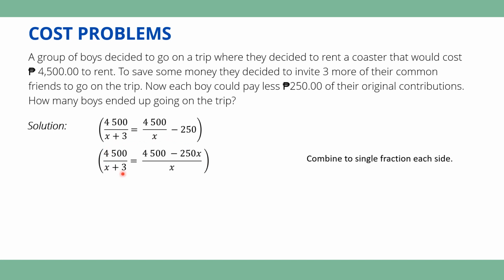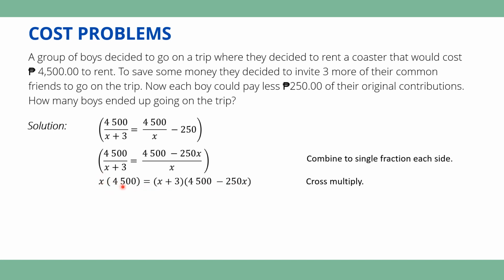So, we will have now an equation which is 4,500 over x plus 3 equal to 4,500 minus 250x over x. So, to simplify, we will just cross multiply. So, we will have x times 4,500 equal to x plus 3 times 4,500 minus 250x. So, distribute lang po natin.